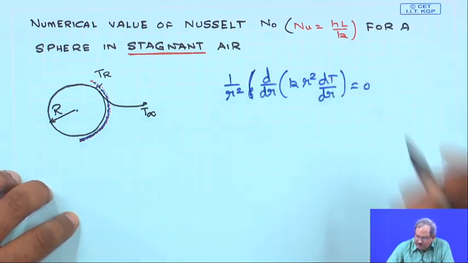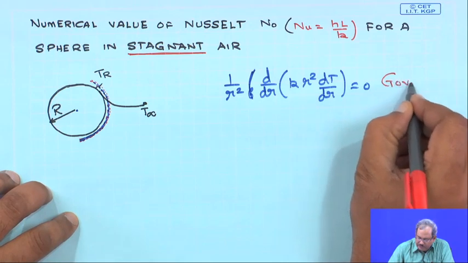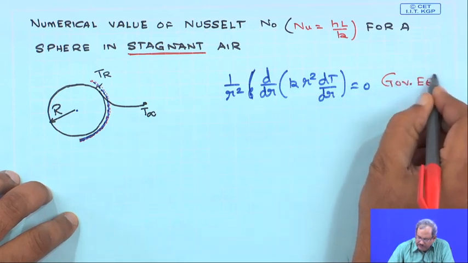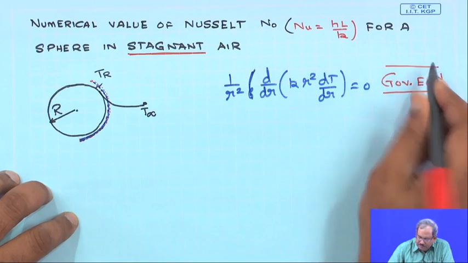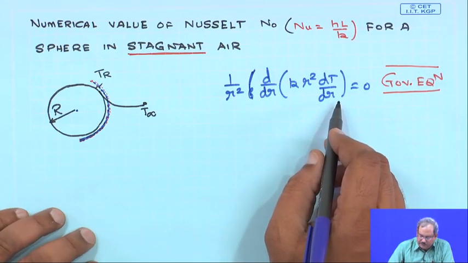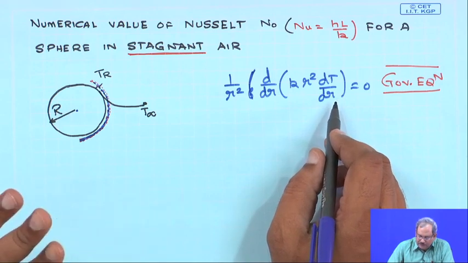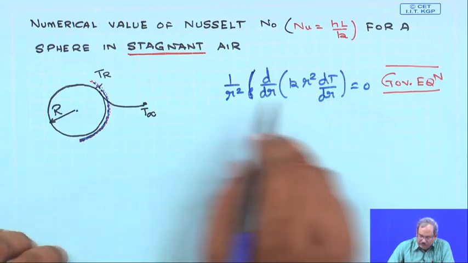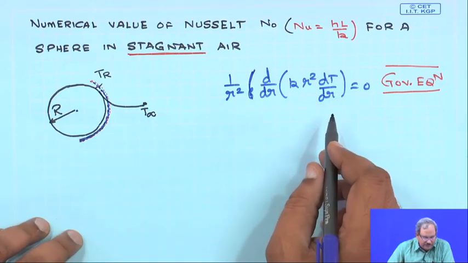So, this becomes your governing equation. So, it is so simple to start with a general equation and obtain your governing equation just by looking at the equation, looking at the system and cancelling the terms.